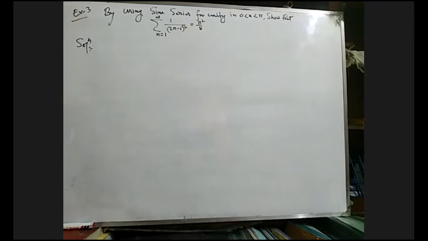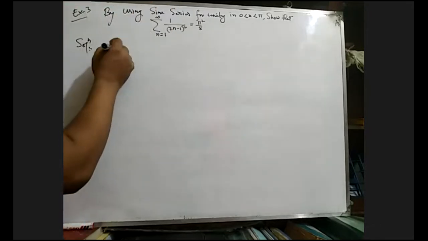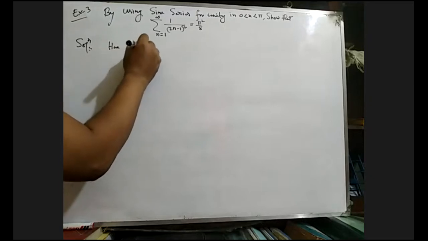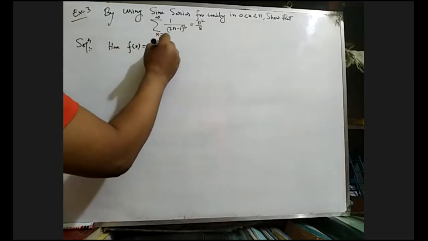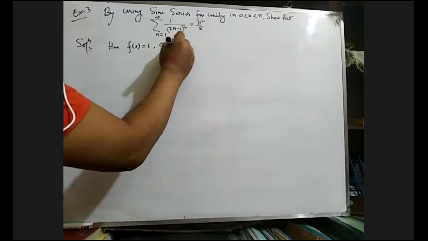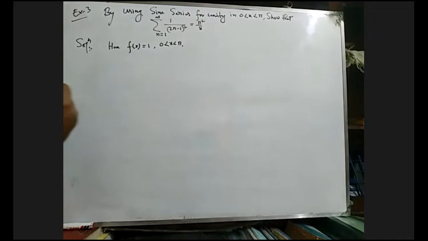So we have to consider a function for this. For unity here we can write f of x equals 1, and the domain will be 0 less than x less than pi.